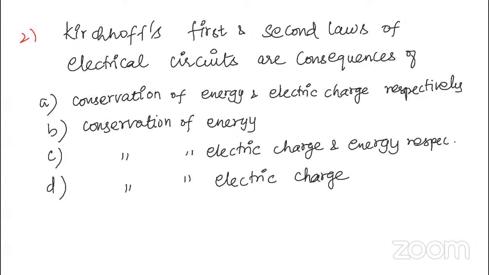Yes, let us choose the correct option. So in the exam hall we may be confused between option A or C, conservation of energy or charge. So in that question we clearly notice one thing, that they have given the first law and second law.